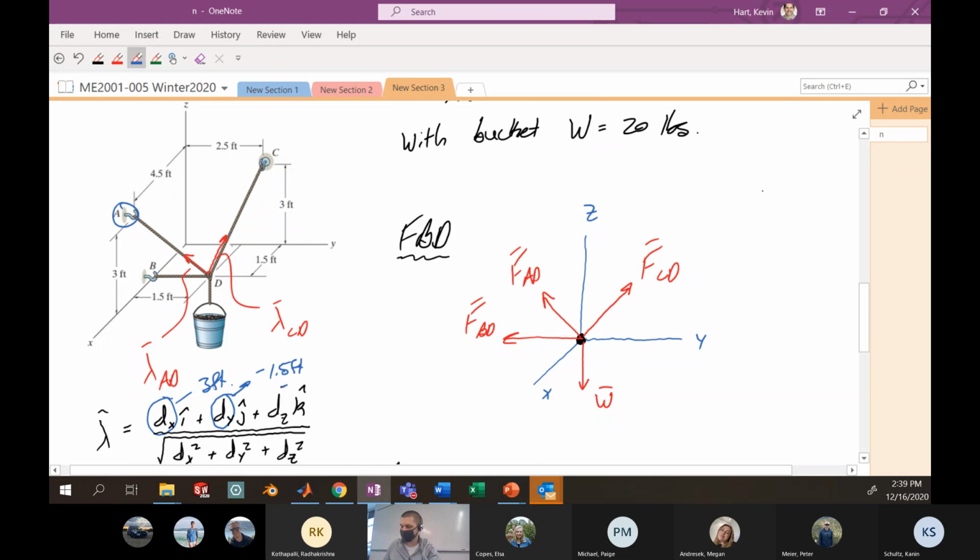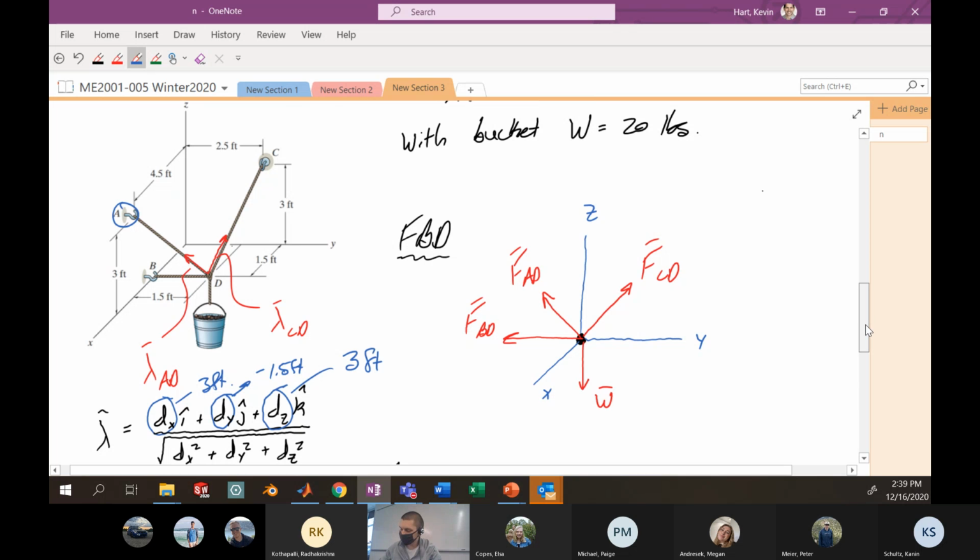And in the z direction, I'm in the xy plane for point D. If I wanted to go from D to A, I would have to move up 3 feet. So here, this would be 3 feet for my dz. It's a little messy there.